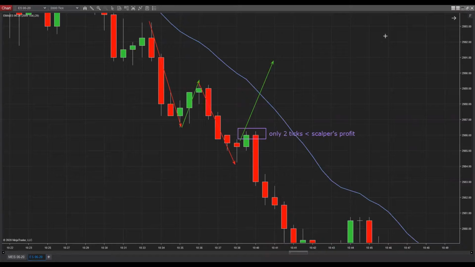But all those traders who had thought that the trend was going to reverse and go upwards are now shown and visualized in this purple box. This purple box, even though it's only 2 ticks large, represents all of the trapped traders who thought the trend was going to reverse.